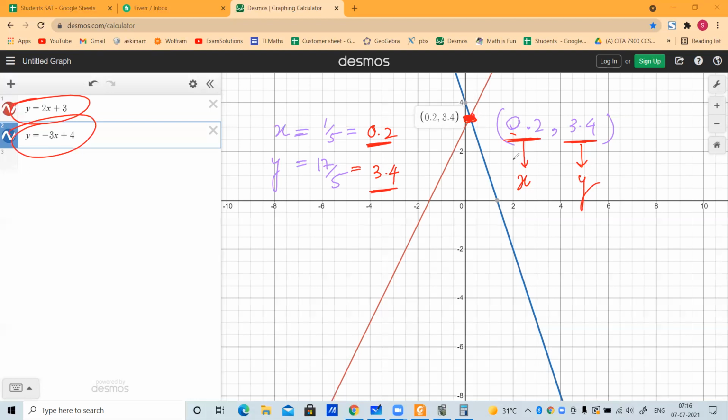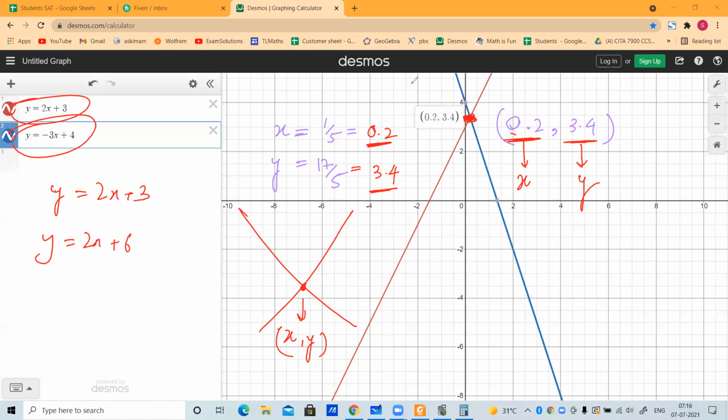So whenever you have two lines intersecting each other, you will be getting the x coordinate and y coordinate of that point. Right. But tell me, if you're having two parallel lines, y equals 2x plus 3 and y equals 2x plus 6, for example.